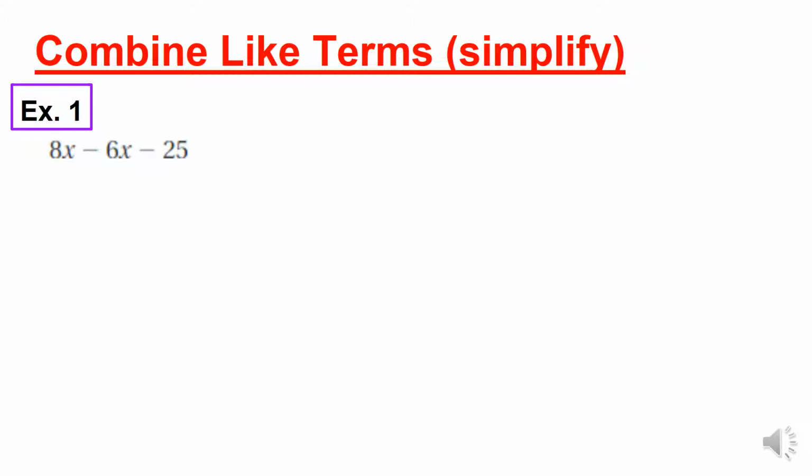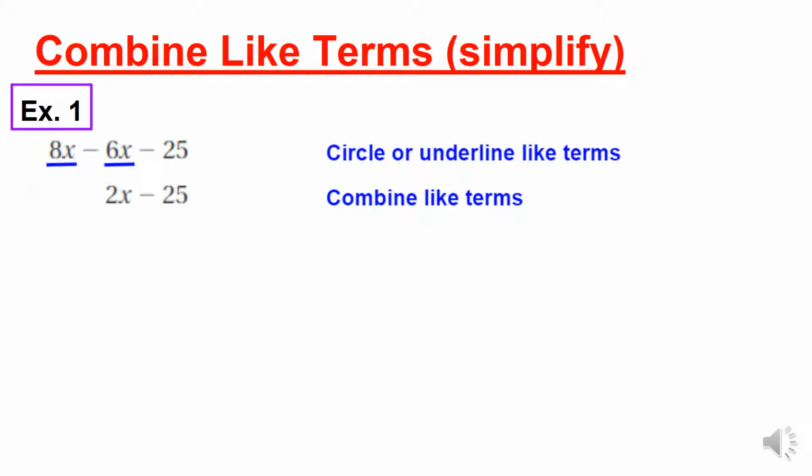So combining like terms, a type of simplifying here. Let's see, 8x minus 6x. Let's circle or underline those because they're like terms. They're going to go together. We can actually put them together, and we do that to make 2x. Again, we could think like apples. There's 8 apples, and then you eat 6 of them. That's a lot.